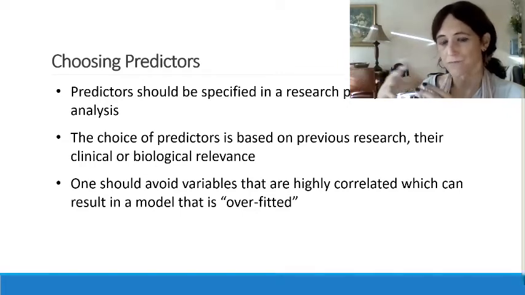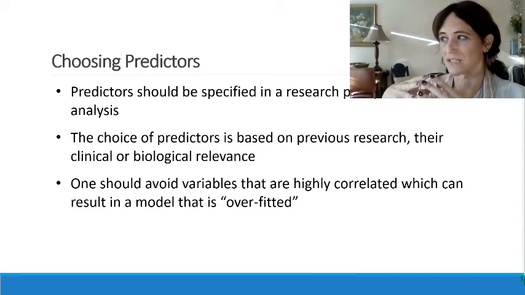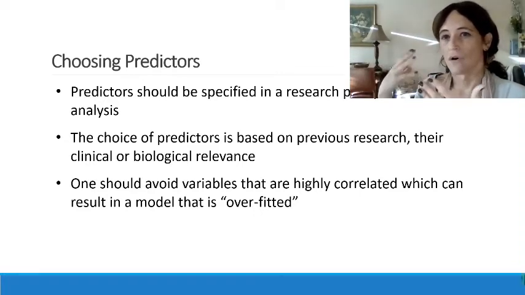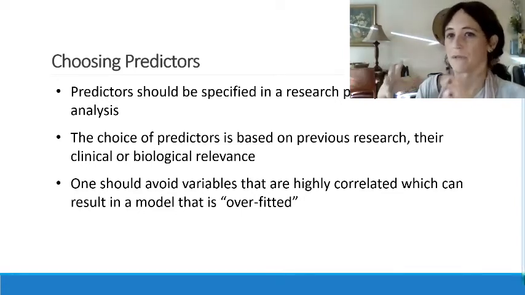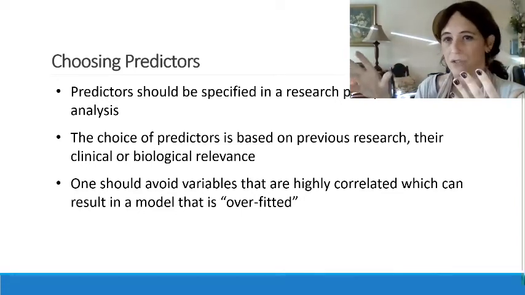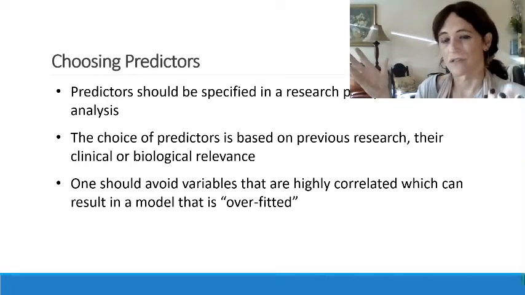Simple is better. And we're also not interested in things that have minimal effects on outcomes. So if something only has a minuscule increase in risk or a minuscule explanatory power, we're really not interested in those as much.